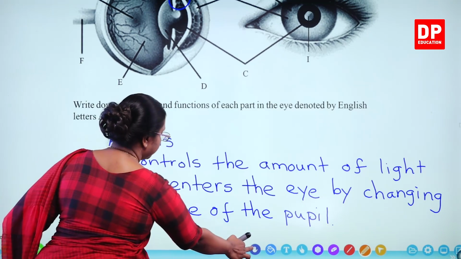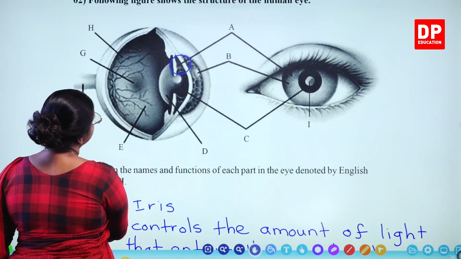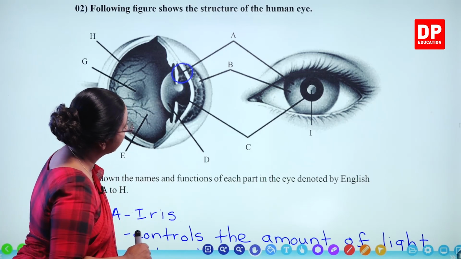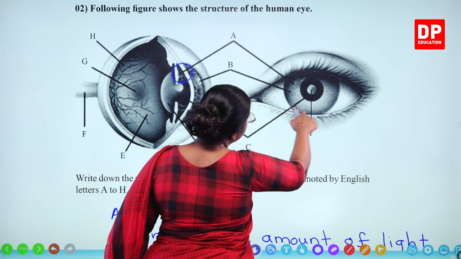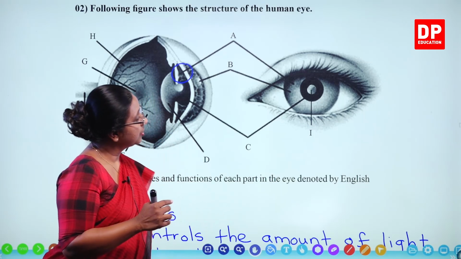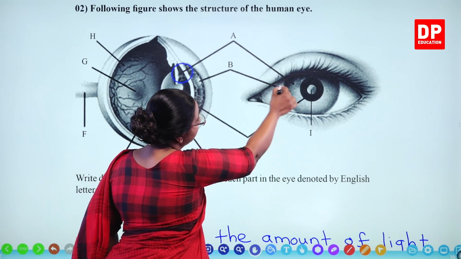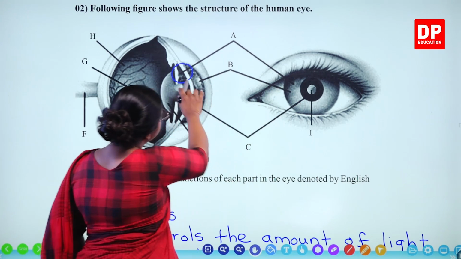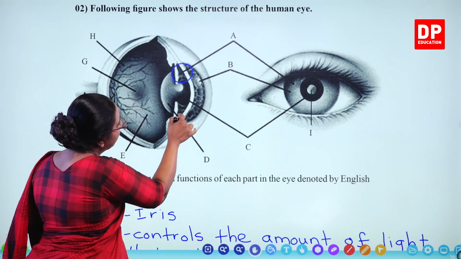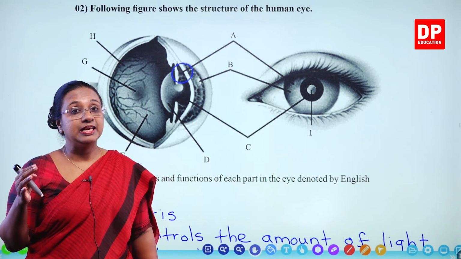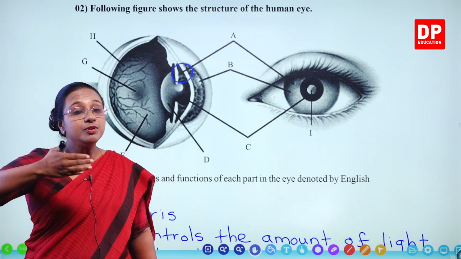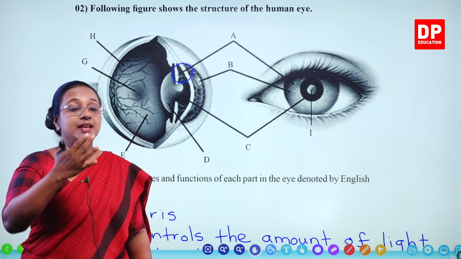So, then we have the next structure, that is B. What is B? Now, here you can see we have already identified the iris. So, this arrow points to these two parts. It's the cover around the iris and everything.